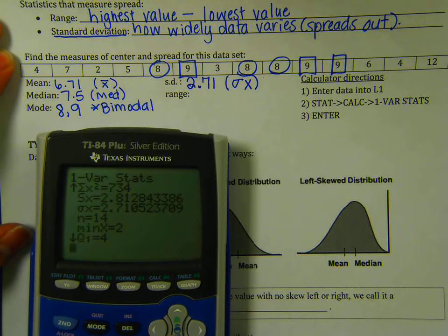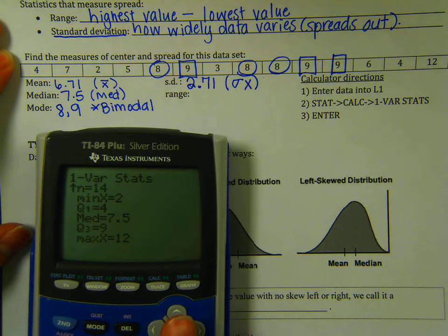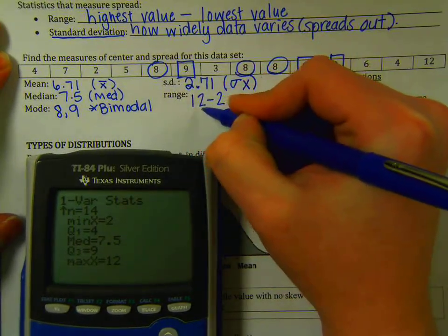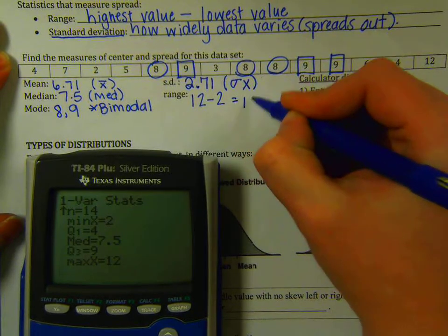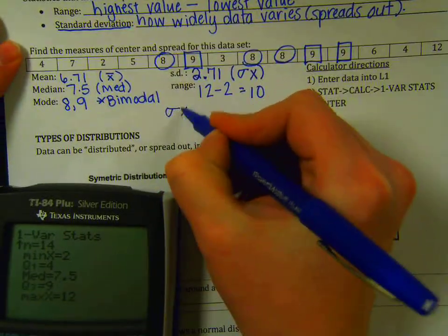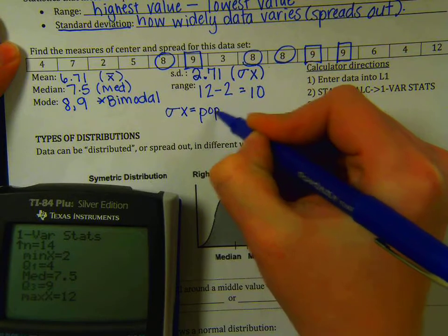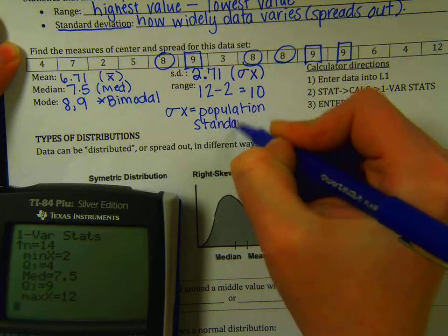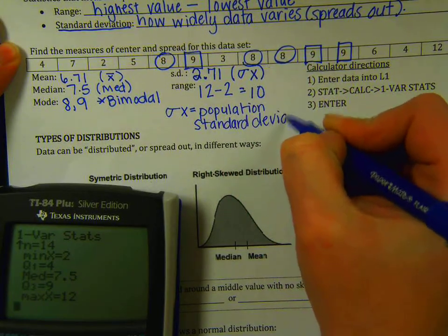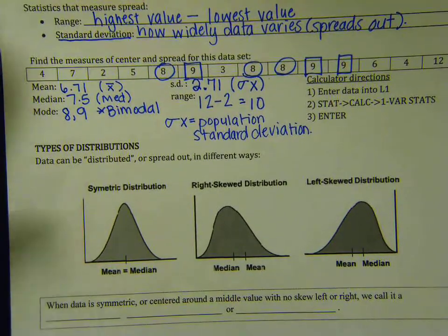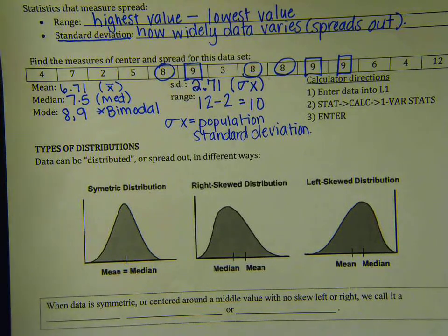Now, it doesn't give you the range in the calculator, but it does tell you your maximum value, which you should know just by looking at it, and your minimum value. So 12 minus 2, because that's my max, 2 is my min, and everyone should know that's 10. Okay? So make sure you write down somewhere that sigma x is your population standard deviation. So that's just an example of some data that you could use to come up with all of those numbers.